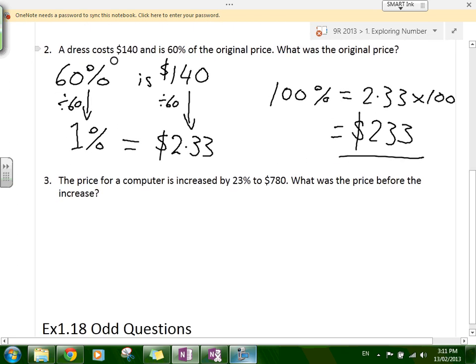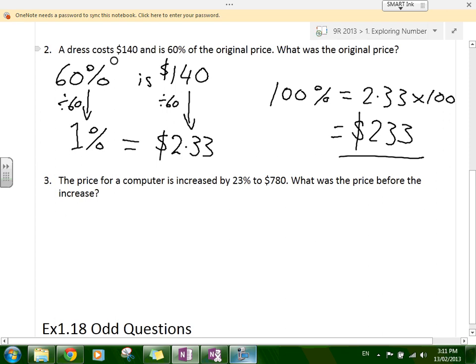Alright, last one. The price for a computer increased by 23% to $780. What was the price before the increase?